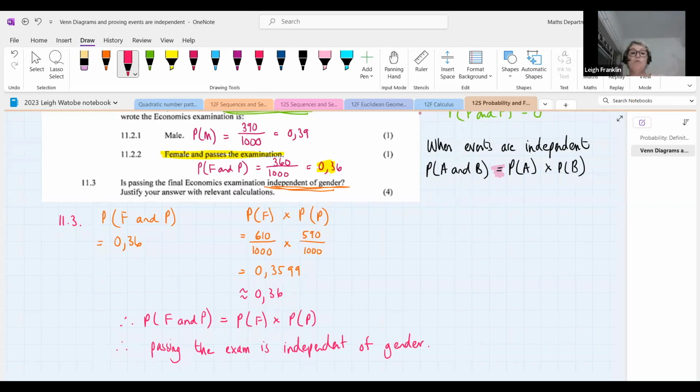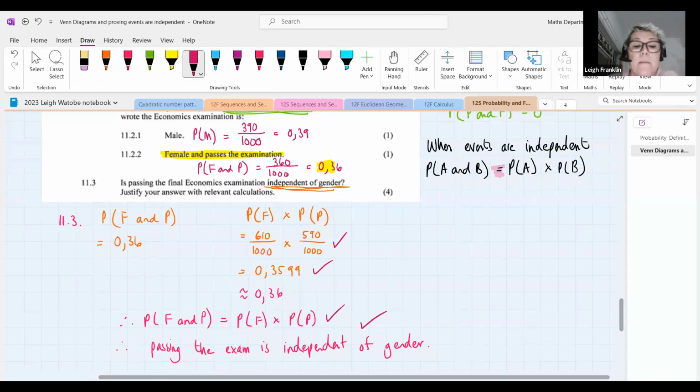It would be important for us to make that conclusion. Here we've already calculated this value, so I don't know if they'd give us a mark for that again. I'm sure they would give us a mark for working this out and getting that answer. Maybe there would be 1 mark here and another mark for that, because you don't have to use female and pass.